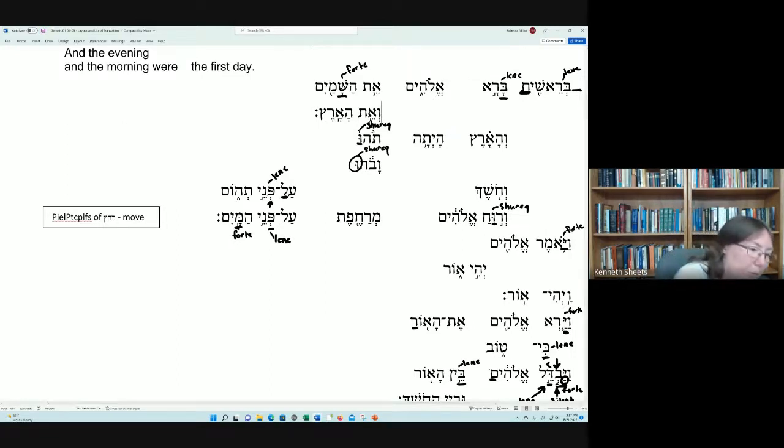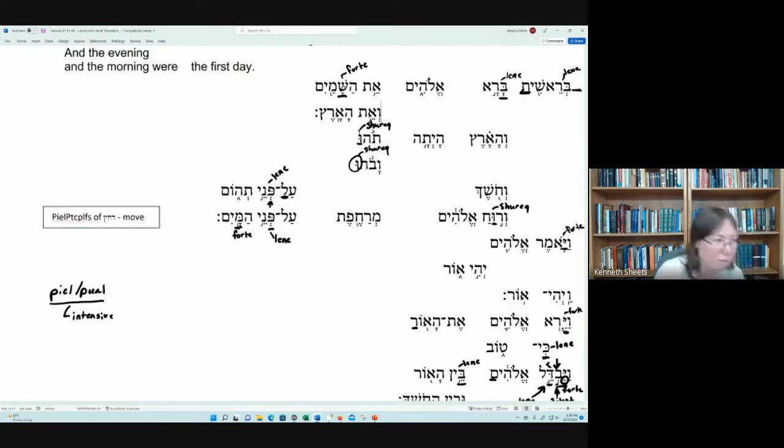As a matter of fact, what we call the piel and the puel stems. So the piel and the puel. Last week I introduced the term hifil, which is the causative action in Hebrew. The piel and the puel, this is going to be an intensive action.